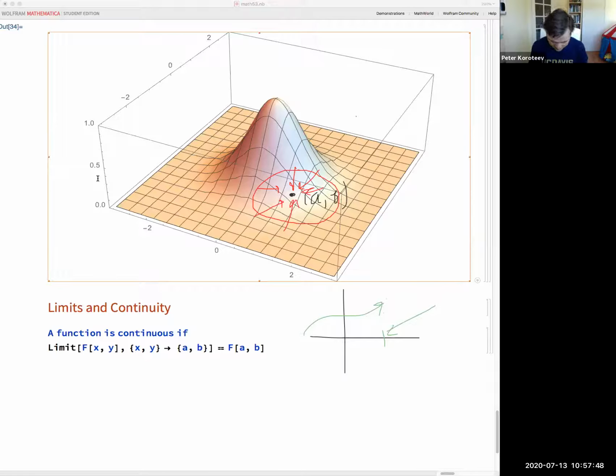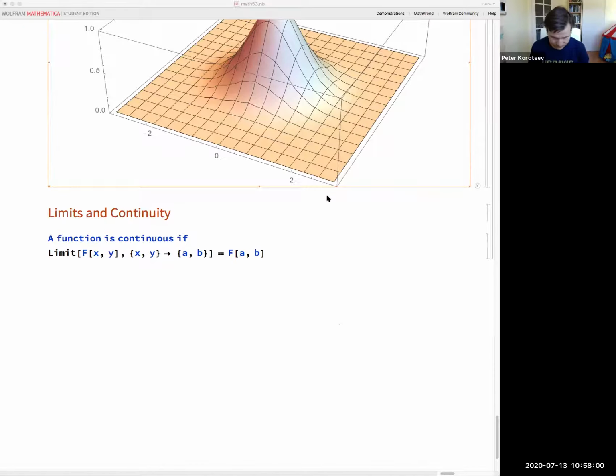We can write a formal definition in terms of epsilon and delta. So I'm going to shift it down a little bit. Let's give it in terms of a function of many variables.